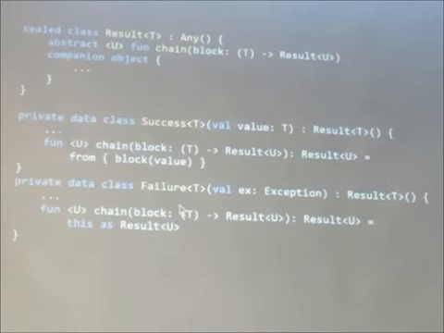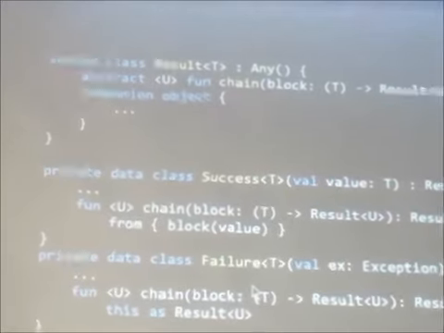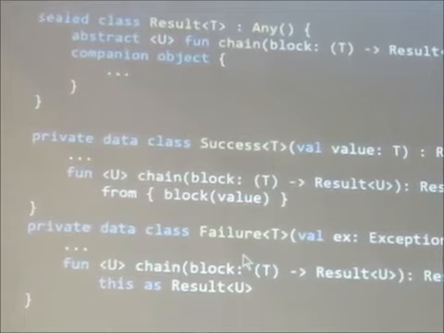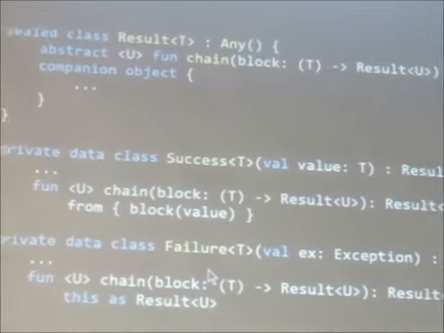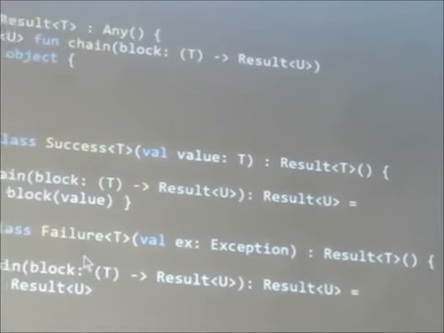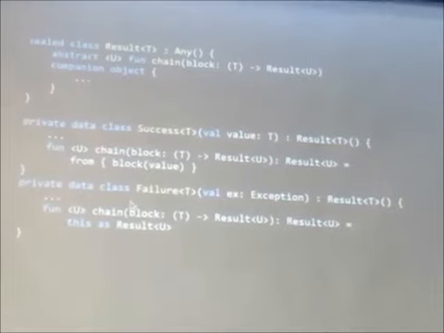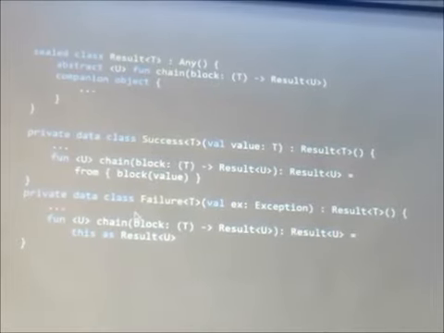So we might be inclined to write something like this. We have a chain function which takes in some sort of mapping function. If the result object that we're talking about is successful, then we want to be able to map that data to something else, so we call that function on it. But if it's a failure, we don't really want to lose this failure data, so we just propagate the failure. And that's kind of what we have. So let's see what this would get us.